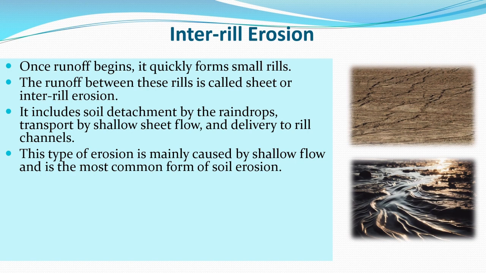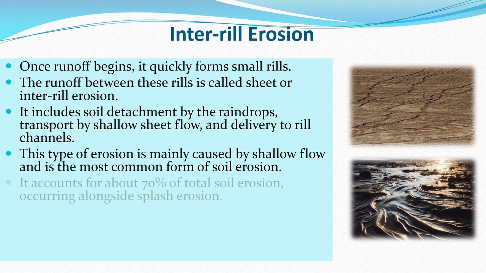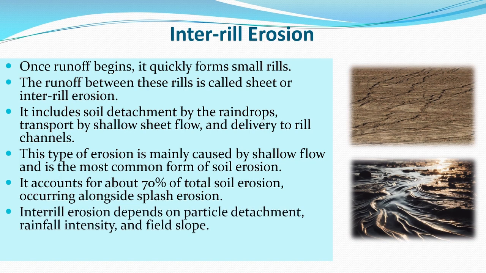It may not look threatening at first, but it accounts for about 70% of total soil erosion occurring alongside splash erosion. Inter-rill erosion depends on particle detachment, rainfall intensity, and field slope.